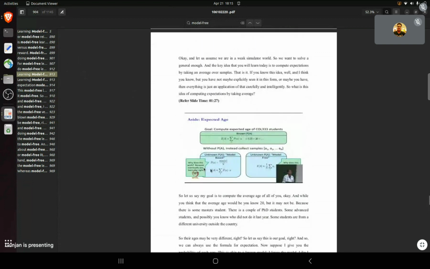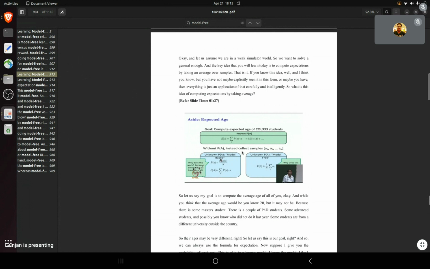So if you do model based, you exactly did this, right? No, I didn't, I got my answer with model free. Yeah, we followed this, but even if you follow this, you'll get the same answer, right? I don't think so, because that's what it is saying, that without P, instead collect samples. Why does this work?